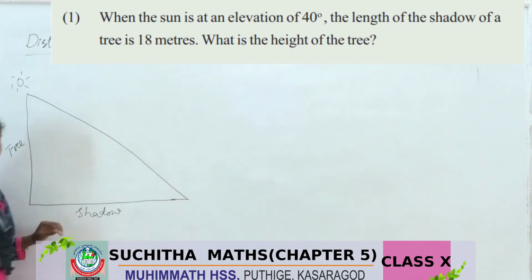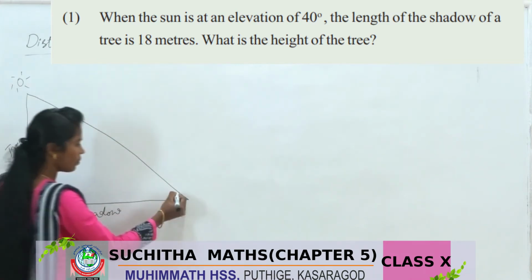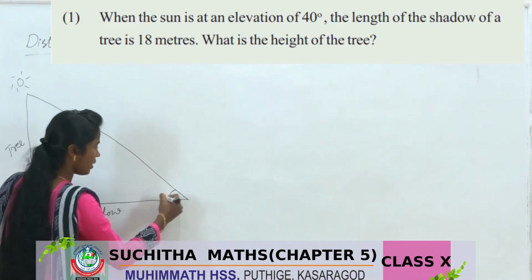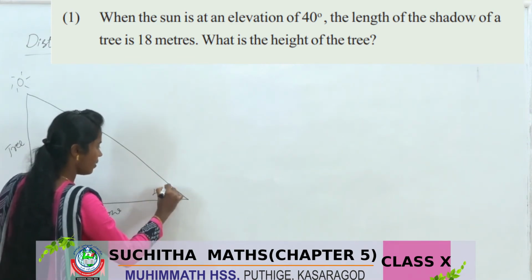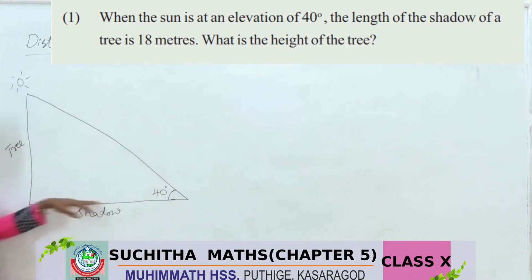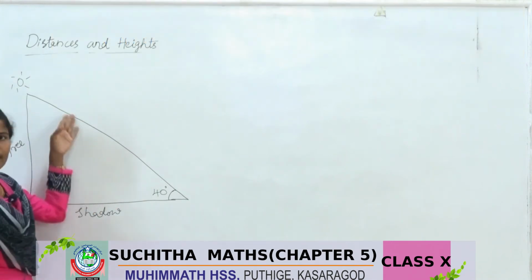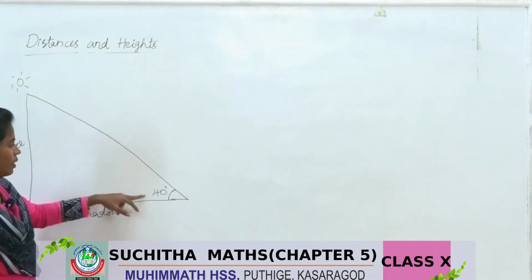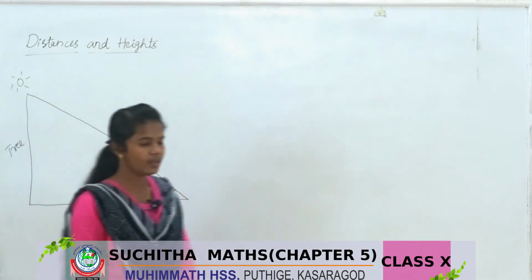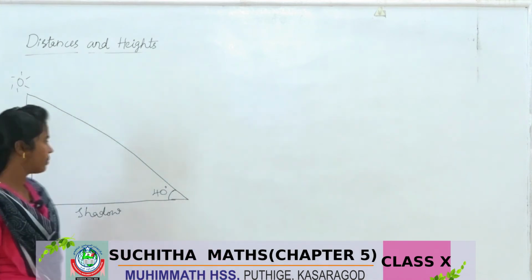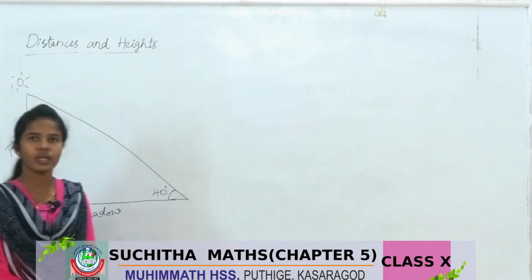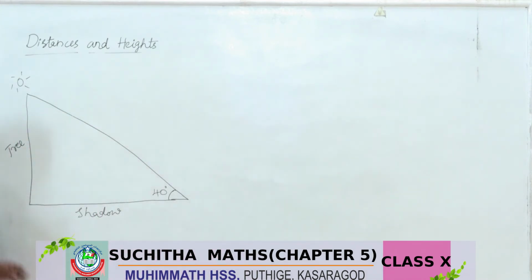That is the angle between the straight view and the raised view. This angle is 40 degree. This is the straight view and this is the raised view, 40 degree. We have to calculate the height of the tree. Okay. And also given, the length of the shadow of the tree is 18 meter.